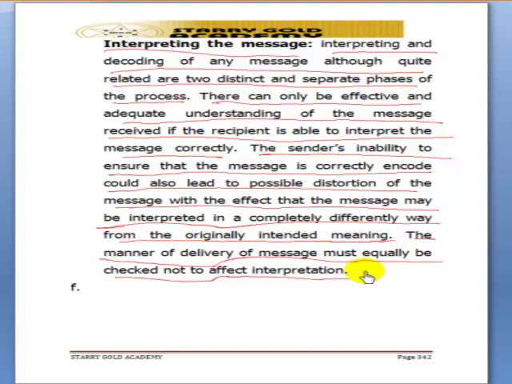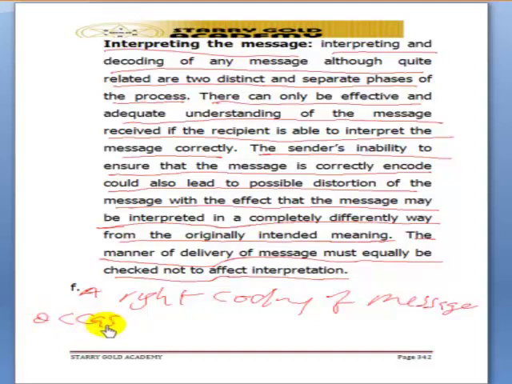The right coding of a message occasions a right interpretation. It is as simple as that. Right coding ensures a right interpretation.